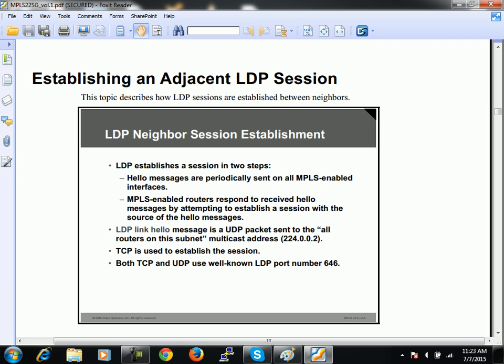So hellos will always use UDP. After that, everything else will be forwarded over TCP. And for both of them, whether TCP or UDP, it uses the same port number, which is 646.